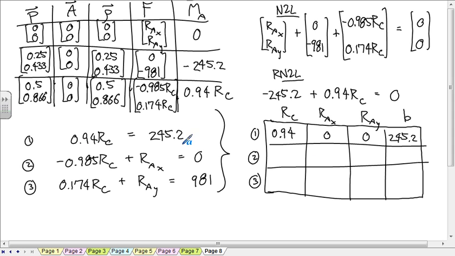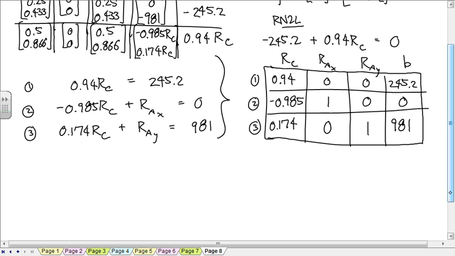The second equation says negative 0.985, 1 RAX, 0 RAY is equal to 0. The third one says 0.174 plus 0 RAX plus 1 RAY is equal to 981.